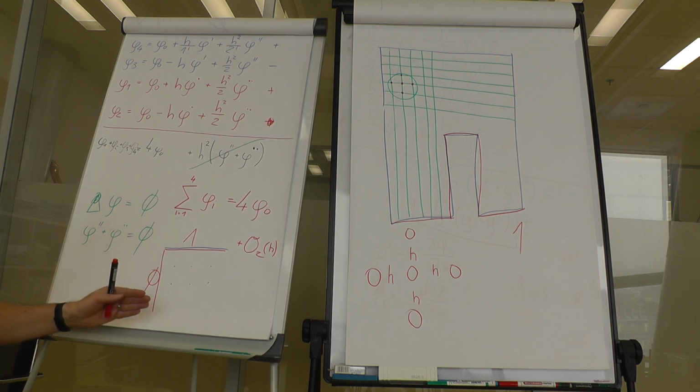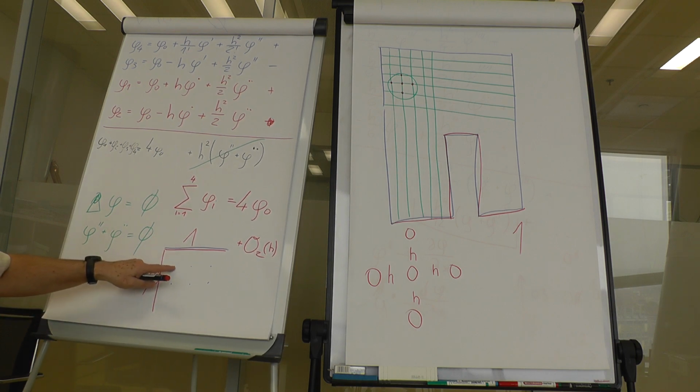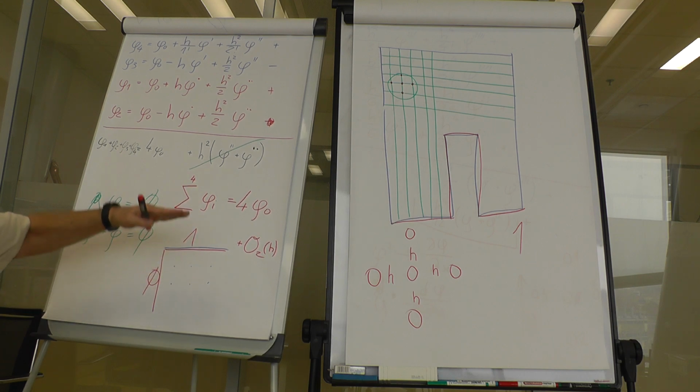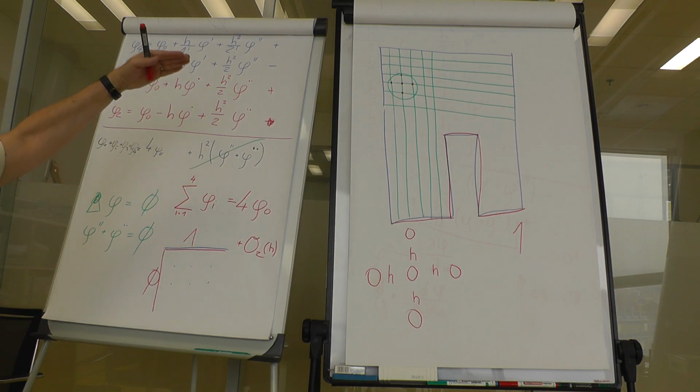And the second point, as you can see, we will first increase the value in this point. And in the second iteration, we will again increase it because the surrounding points have increased their potential. So, in fact, the iteration would be increasing and increasing and increasing the value.